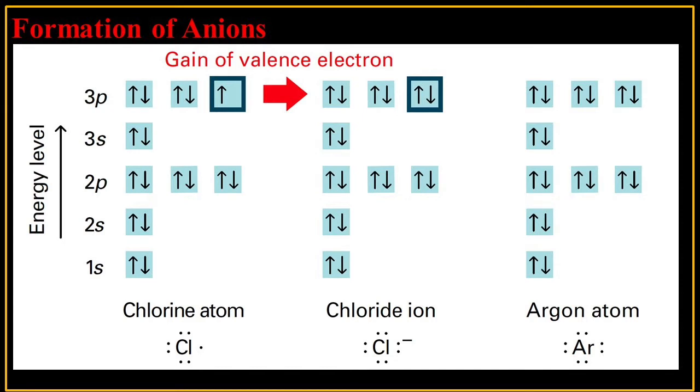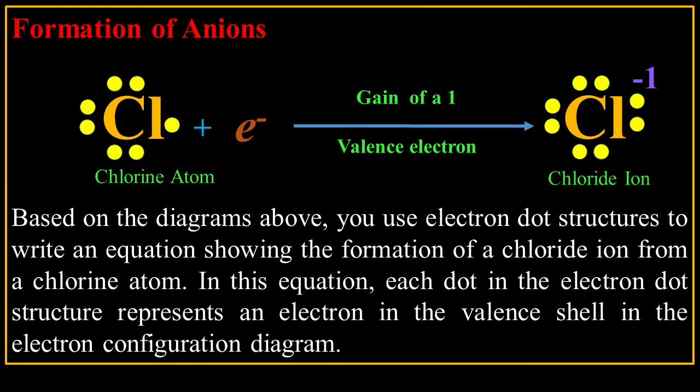And here we have the chlorine gaining an electron, and it becoming having that full p, so it'd be 3p6, and what else has 3p6? 3s2, 3p6, that's going to be argon. So it's going to look very, very similar to argon, which will make it very stable.